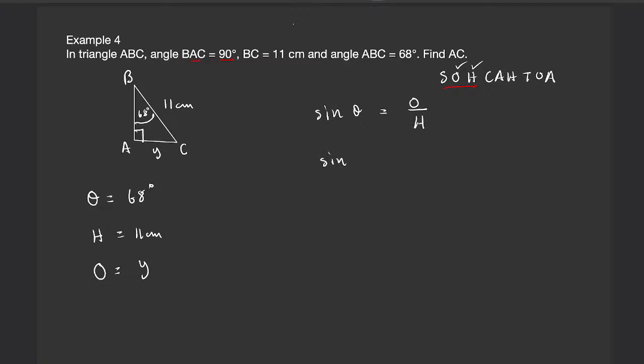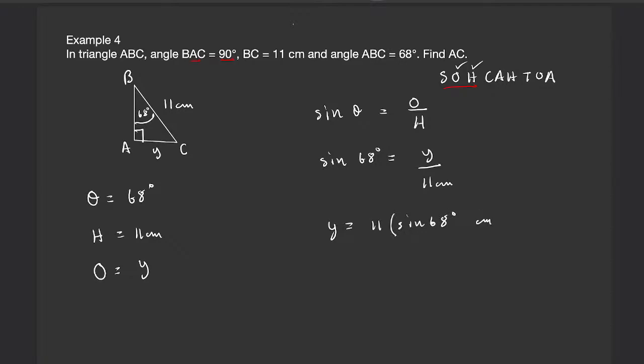So sine 68 degrees is equal to y divided by 11 cm. I want to make y my subject, so I'm getting 11 cm from the denominator and bringing it over to the other side of the equal sign. So y is equal to 11 times sine 68 degrees, and that is in cm.